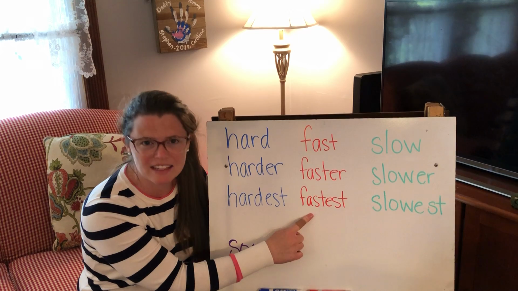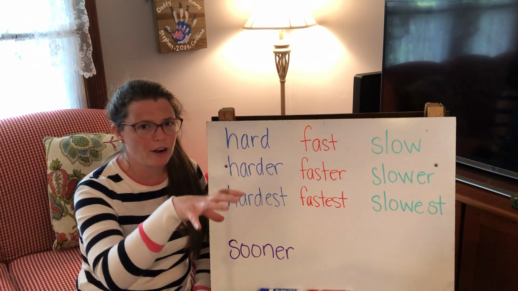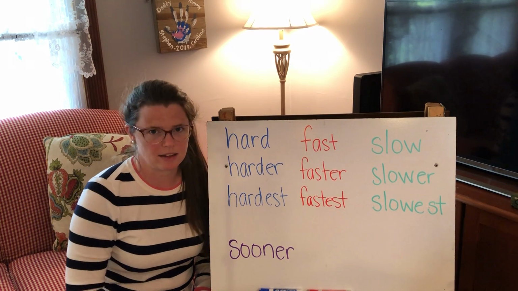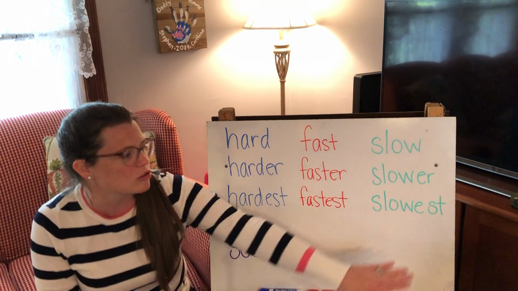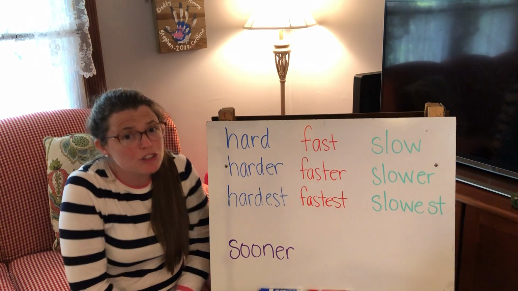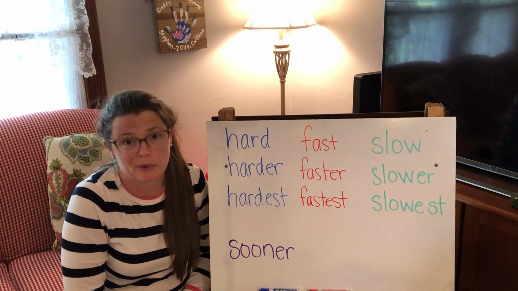She is the fastest runner in the group. So I'm comparing her to the entire group, and she is the fastest. Slowest. So the snail was the slowest animal in the race.